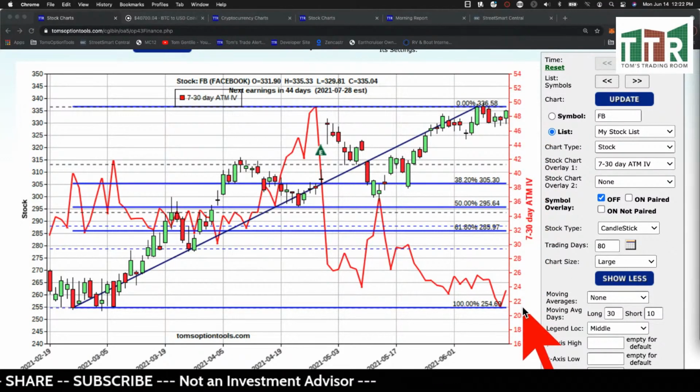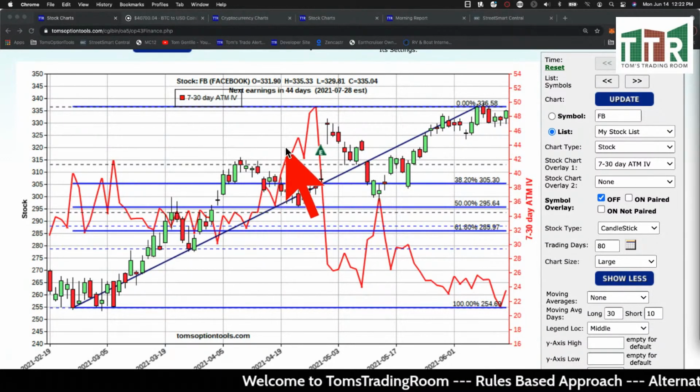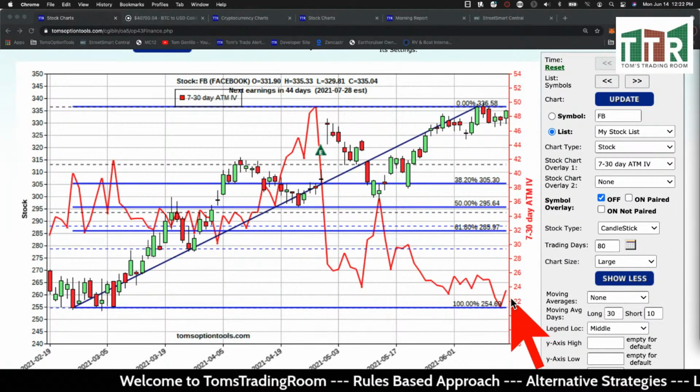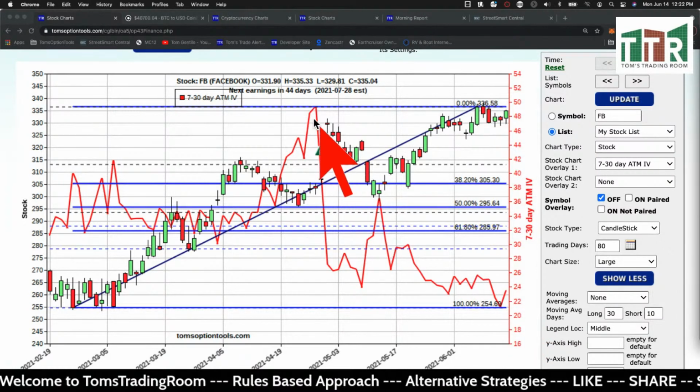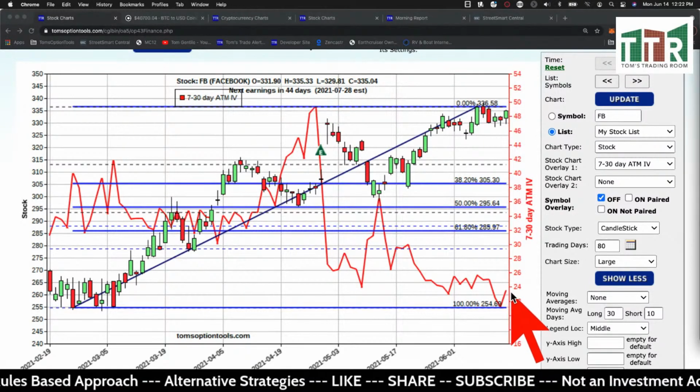It's like the VIX, but I have the VIX for every single stock. We look at near-money calls and near-money puts, charting these options to see how cheap or expensive they are. They're cheap compared to where they were right before earnings, and that's where you see that big drop off.